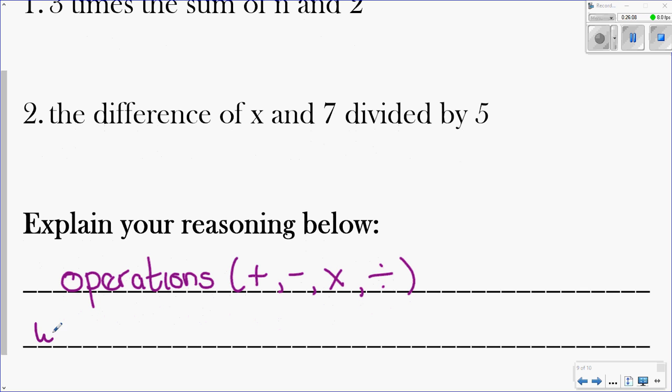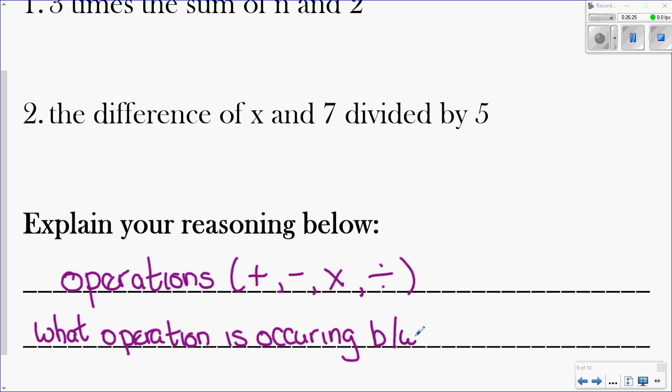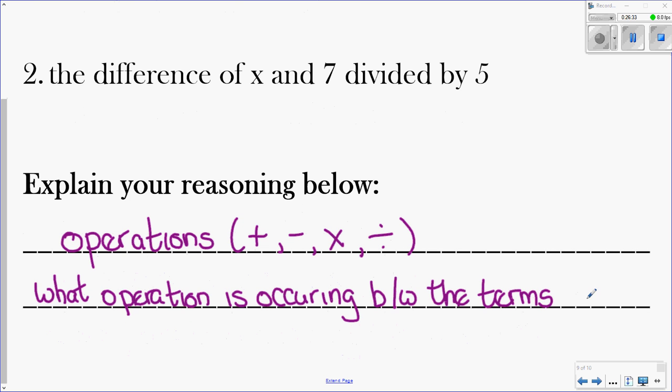I'm going to put what operation is occurring between the terms or in the expression.